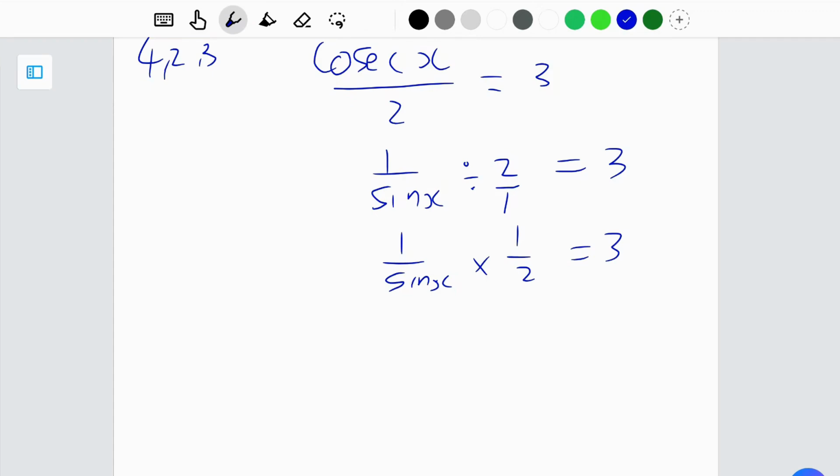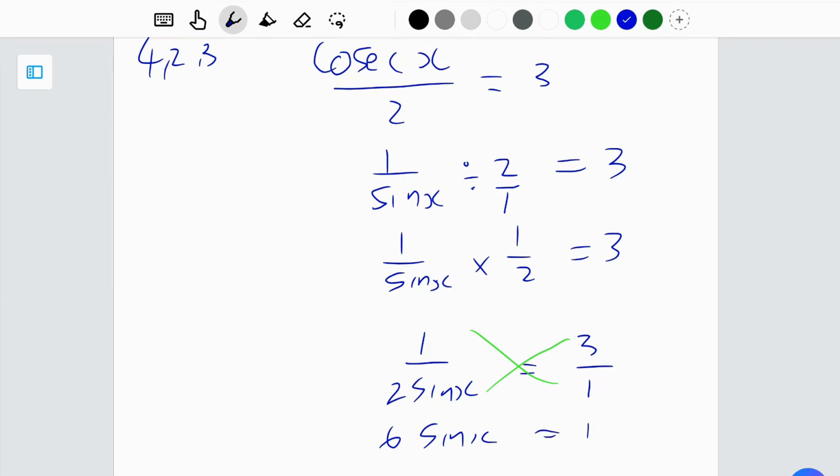We're now going to have 1 over 2 sine x equals 3. And let's put 3 over 1. So as you can see again, we have a cross multiply scenario. So that's going to give you 3 multiplied by 2 sine x. So that's now going to give you 6 sine x equals 1.